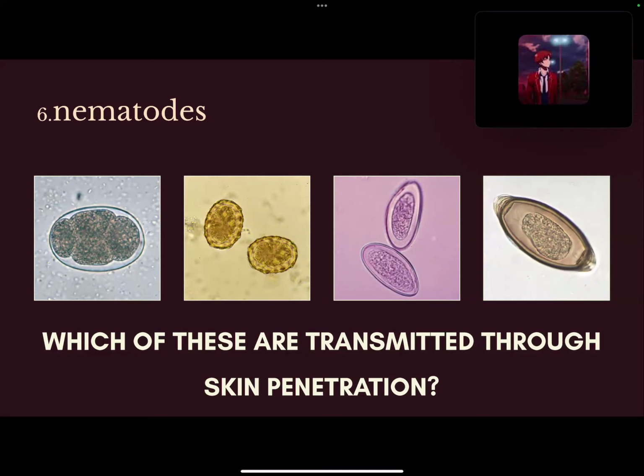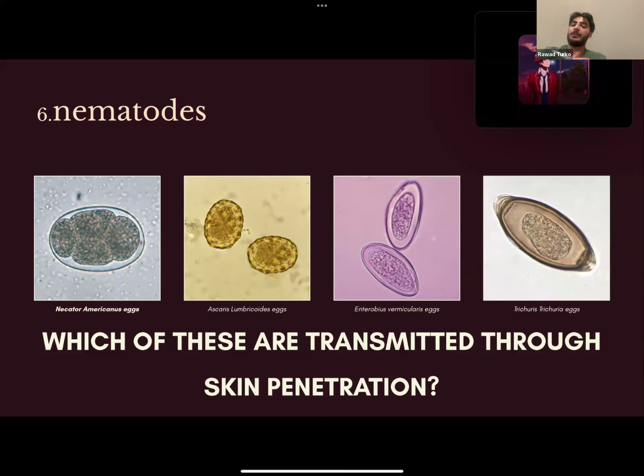And then we have Enterobius vermicularis, and I think it's fecal. Wait, hold on. You're right, the eggs. It's fecal-oral, and also inhalation. And then the last one is Trichuris.